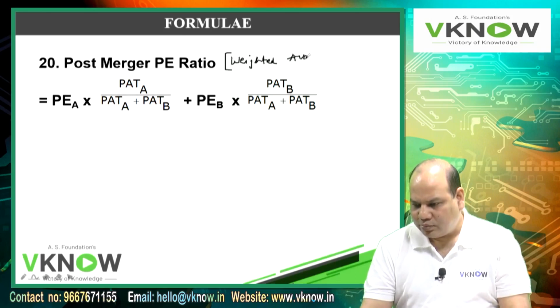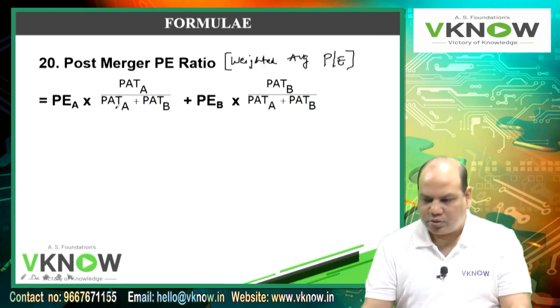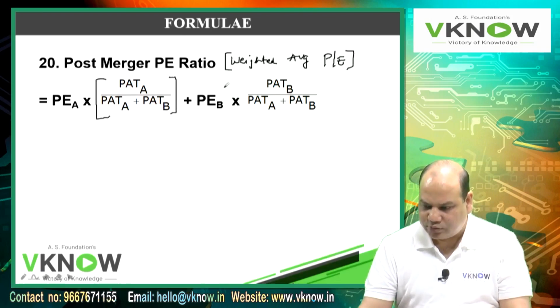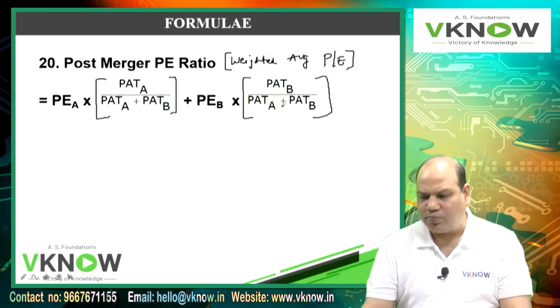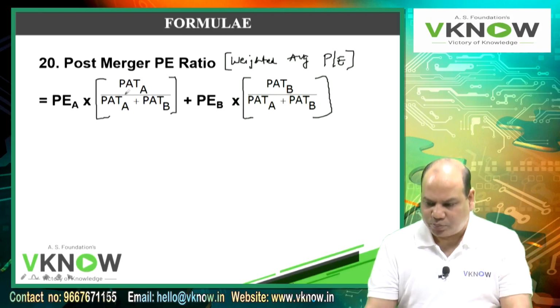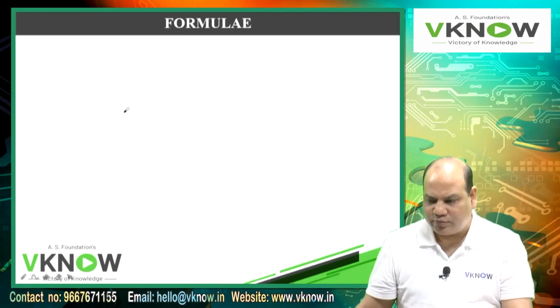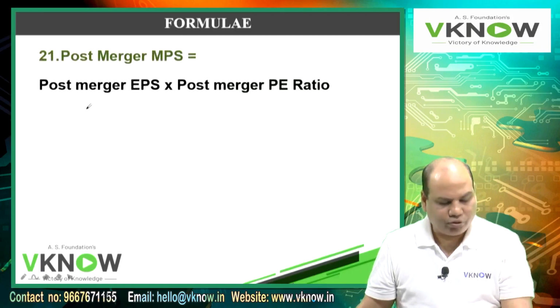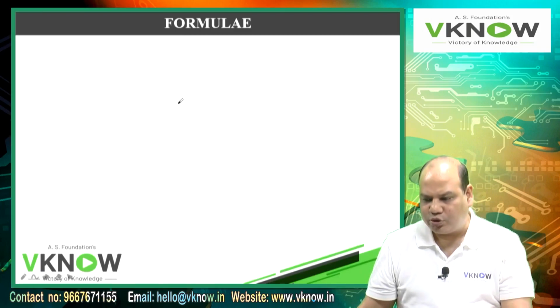One is post merger P/E ratio will be the weighted average P/E ratio, that is P/E ratio of A into PAT of A upon PAT of A plus PAT of B. This you put in a bracket to avoid confusion, plus P/E of B into PAT of B upon PAT of A plus PAT of B. So profit after tax is being used as weights. Next is post merger MPS is post merger EPS into post merger P/E ratio.